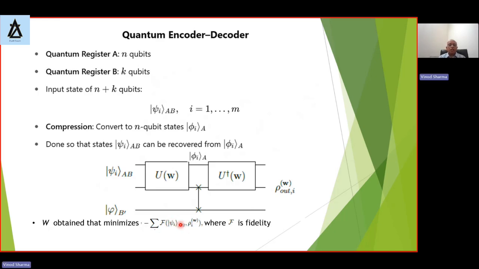And so we would like W so that the output that you get has a fidelity as close to the input as possible. And we are taking the summation over all i. So we put a minus here. This we wanted to maximize, so by putting a minus here, we minimize this quantity. Find W such that this is minimized. And this is how we can get the quantum encoder decoder from variational circuits.